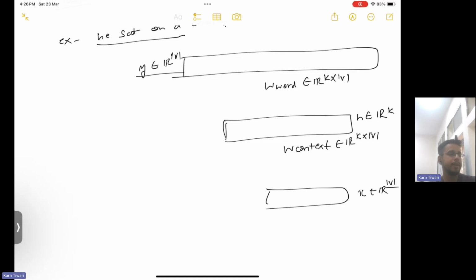But now the question is: how can we obtain the probability of a particular word given a context? As I mentioned, this is a multi-class classification problem where the number of classes is the size of the vocabulary.